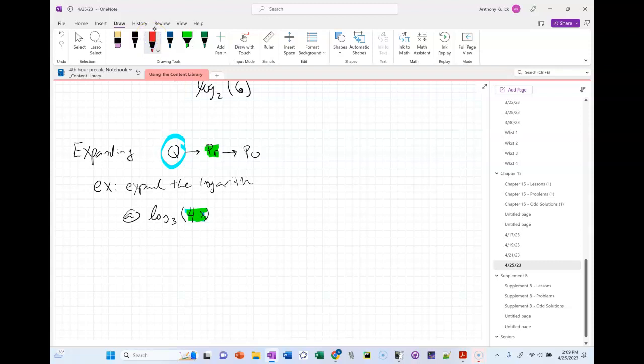What is being multiplied? 4 and x, right? There's a multiplication symbol in between the 4 and the x that we know is there, but we don't bother to write. So if I apply the product property, I will write that as log base 3 of 4 plus log base 3 of x. So far, so good.